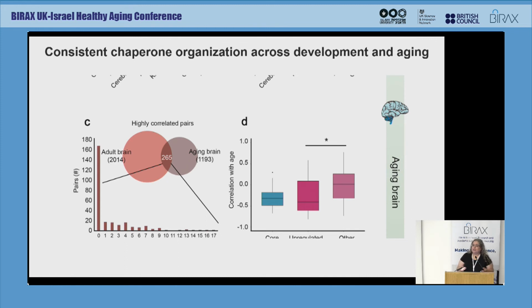So the same chaperones that neuronal tissue upregulates in order to protect itself and have its quality control system, those are the same chaperones that go down with aging. You can see this particularly here: the core chaperones and the specific variable chaperones are reduced, whereas the other variable chaperones that are just changing remain unchanged with age.